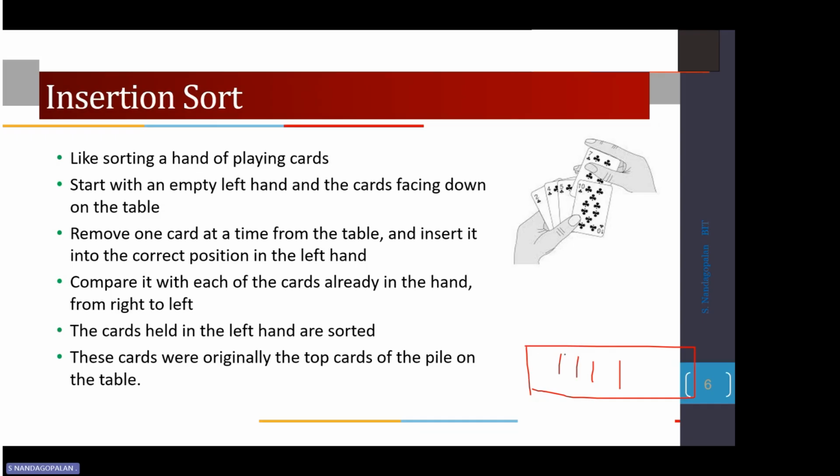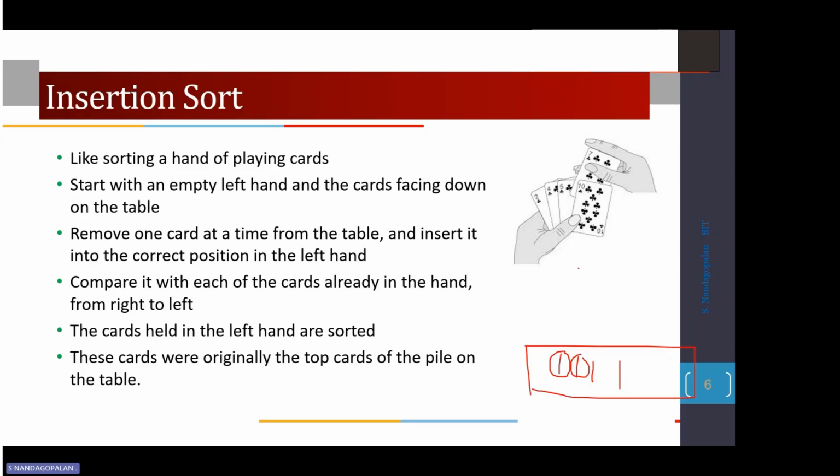Now what happens? Each card is picked one at a time and kept in the hand. And the second card is picked, and when you bring it to your hand, you will make sure that it matches with the shape and also the order.